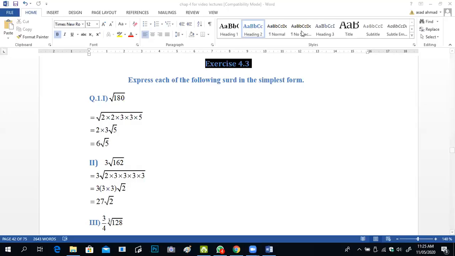I hope that you can see the page now. All of you should see what I'm going to write. Wait for a second.